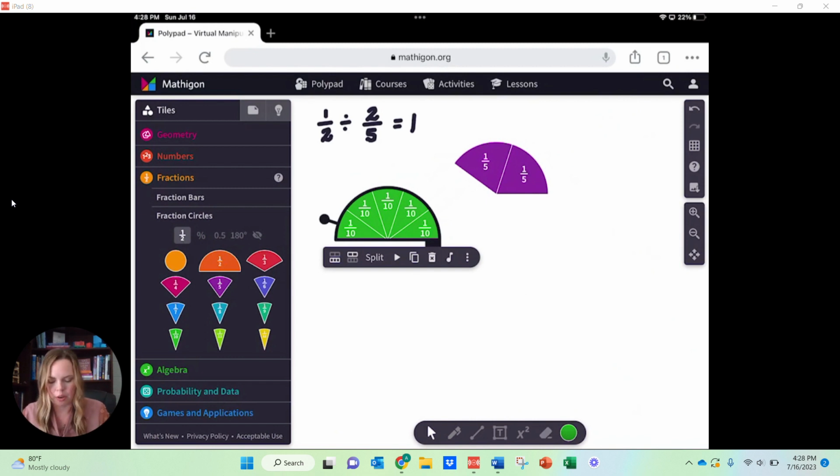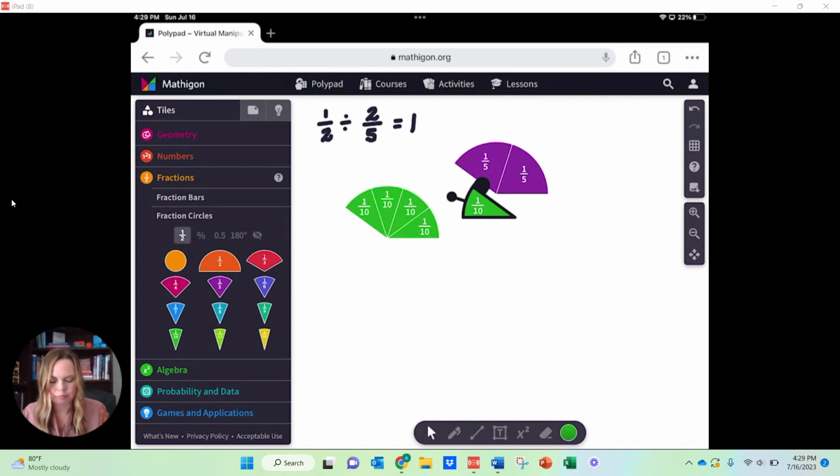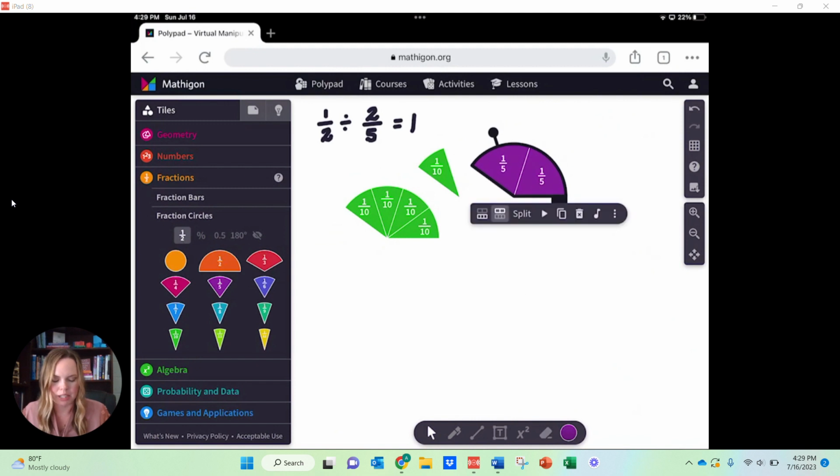But I want to know this 1/10, what piece is it of the 2/5? How much of it is in the 2/5? And so in other words, I'm going to get this into tenths, and I can see that it is a quarter of the 2/5. And so my answer here is 1 1/4.